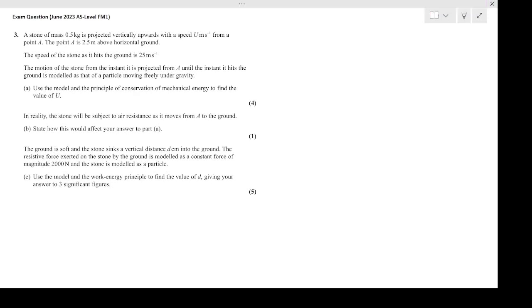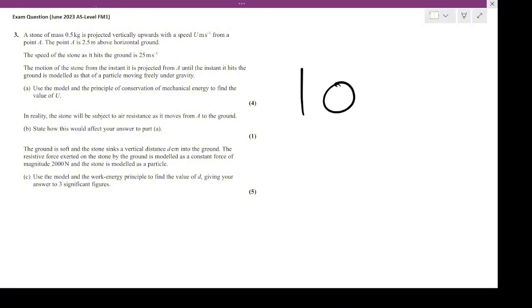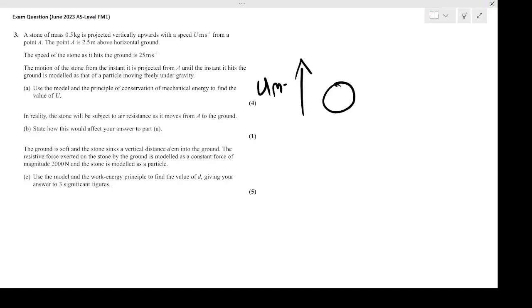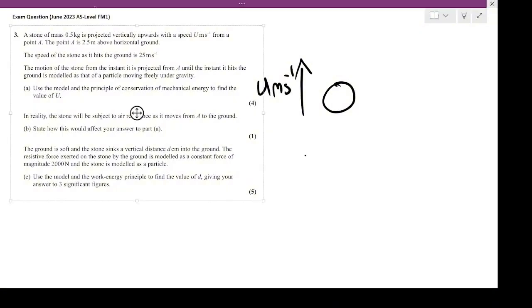It's quite nice. So what's happening is we have this stone that's shot upwards, projected or kicked upwards, if you will. It moves upwards. So we have this little stone here. The speed is u. And I'm also told at this point A, it's 2.5 meters above ground.